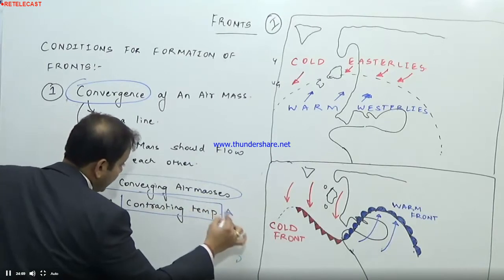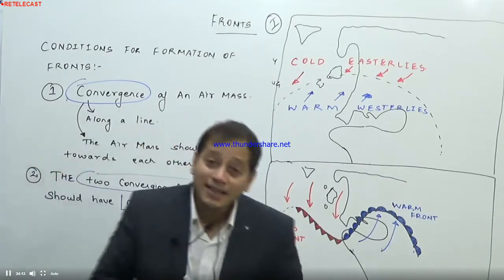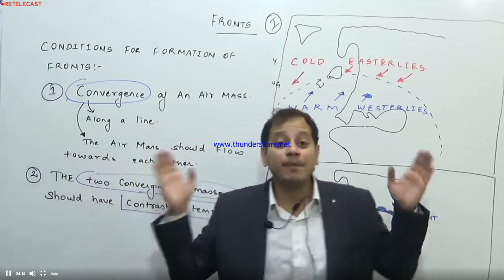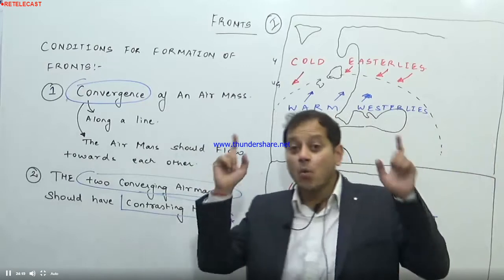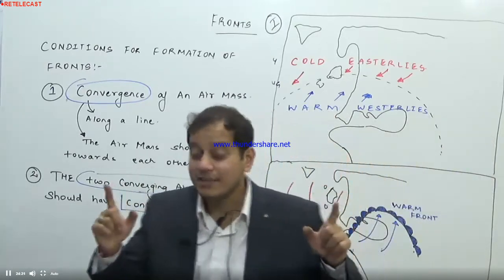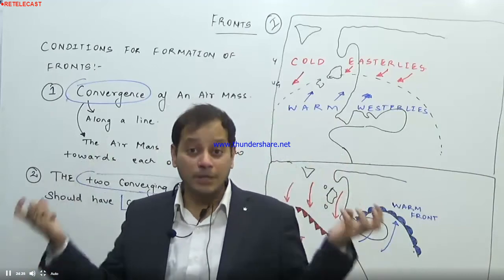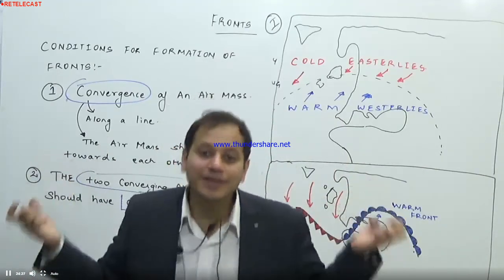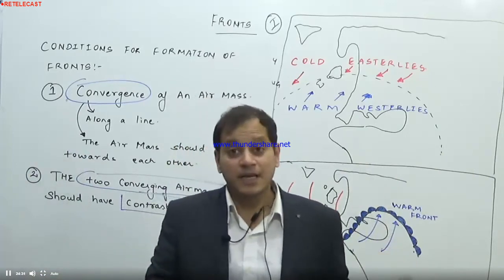So there should be a greater temperature difference between the two air masses, and this explains why, in spite of convergence, again remember this, there are no fronts in the equatorial low pressure belt, because both the converging winds are the similar kind of trade winds.